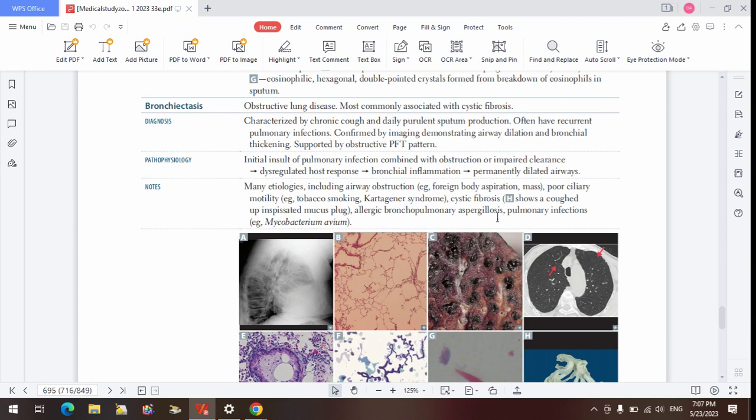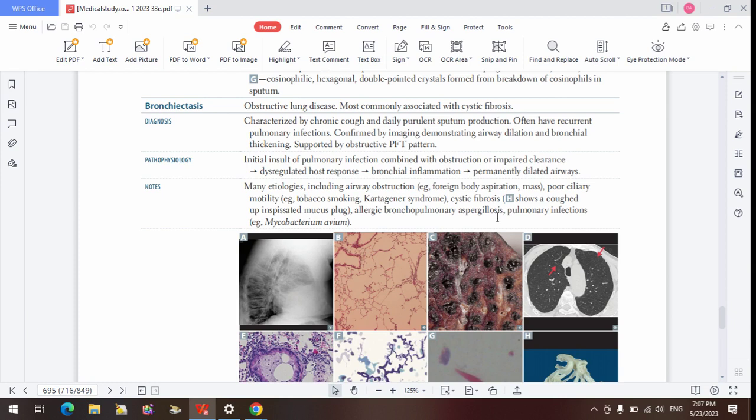Then on examination, you notice finger clubbing. Finger clubbing is one of those things that you can see in people with chronic lung disease like bronchiectasis. Very common in them. And of course, we've talked about the mucus occluding everywhere, so they can have recurrent pulmonary infection that further damages the airway, which brings about dilatation of the large airways. And they are permanently dilated. It's a permanent process.